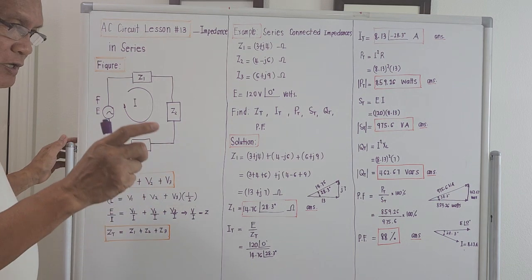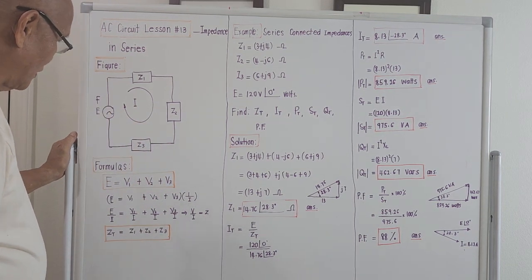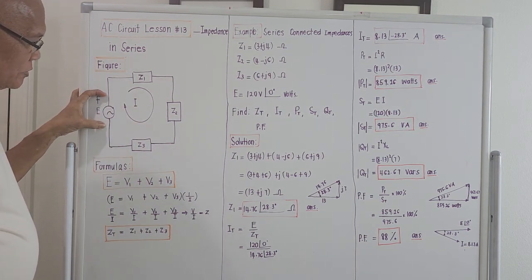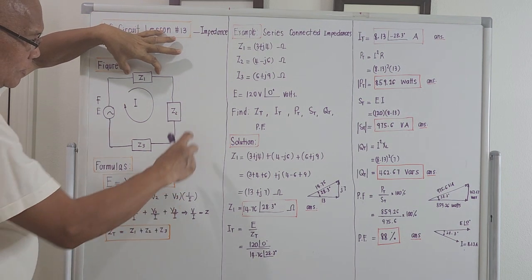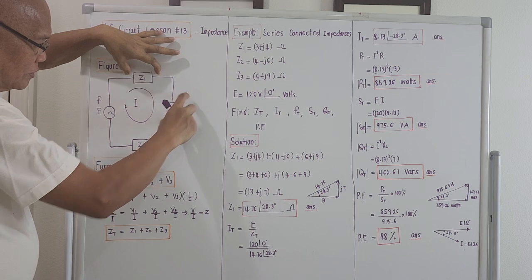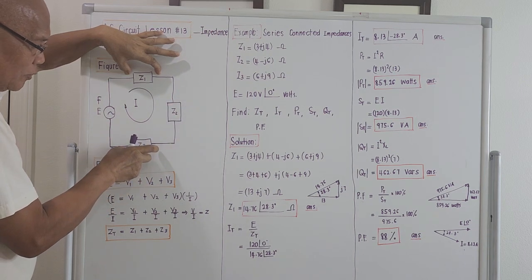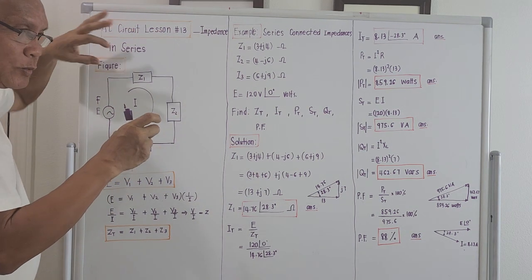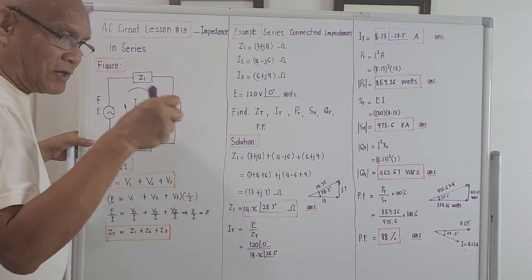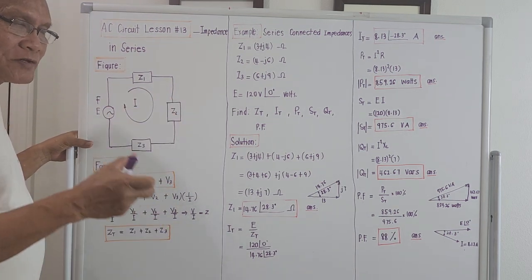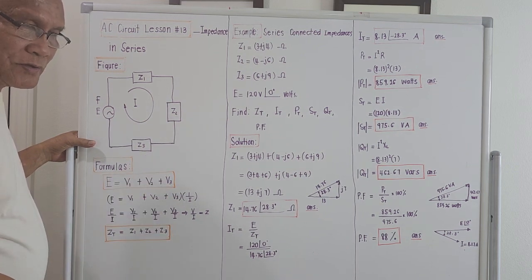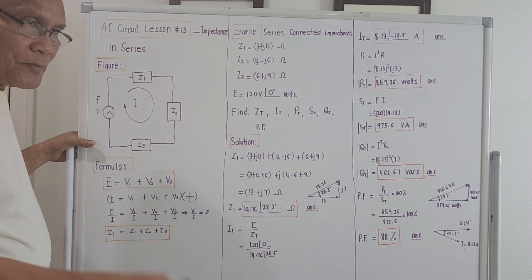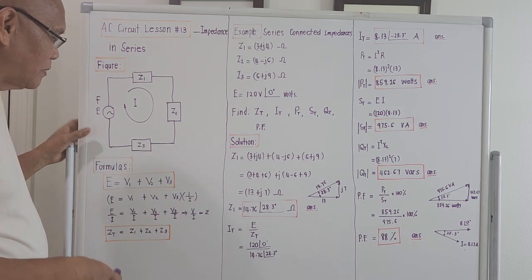That is, for a series impedance, the voltage of the source should be equal to the voltage across Z1 plus the voltage across Z2 plus the voltage across Z3. We add them vectorially. Okay, they are complex numbers. The voltages are complex numbers. They have real parts and imaginary parts.